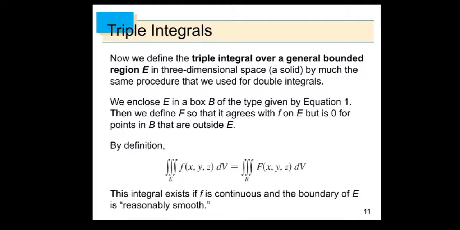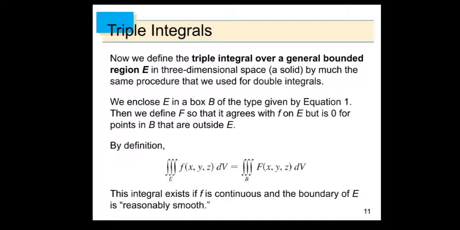So we enclose our E in a box B of the type given by equation 1. Then we define our capital F so that it agrees with small f on E but is 0 for points in B that are outside E. So coming straight to the definition, if this area lies in that rectangle, it would be equal to capital F of x, y, z dV.